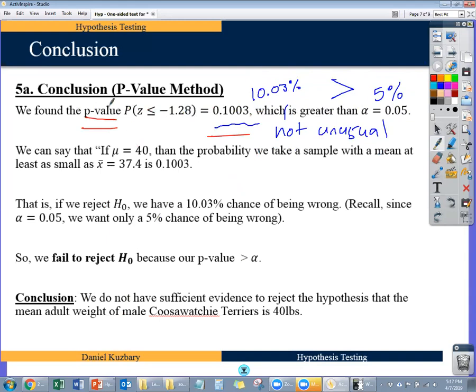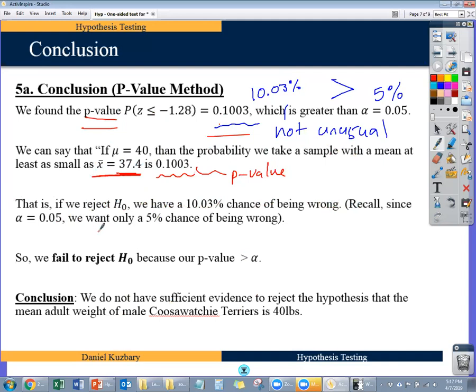So we're going to say that if mu is equal to 40, the probability that we take a sample with a mean at least as small as 37.4 is this same probability, this p-value. If we reject H naught, we're going to have a 10.03% chance of being wrong.